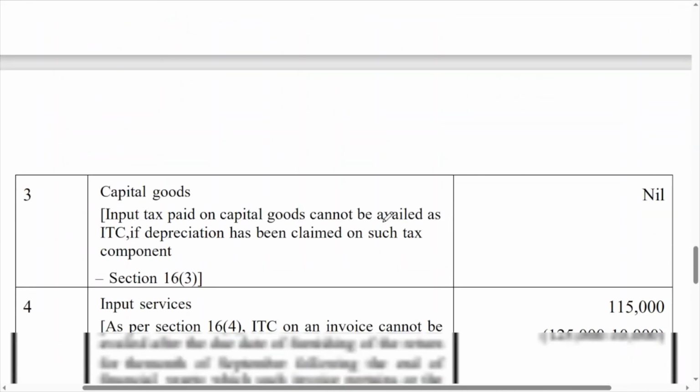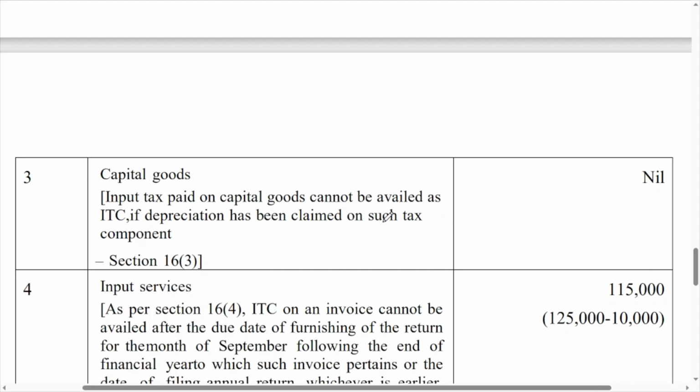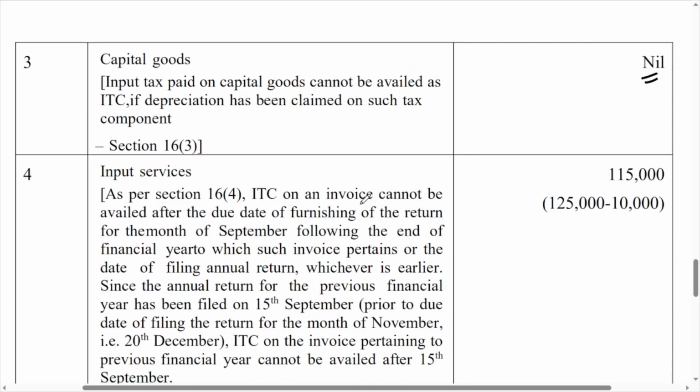Now next one, capital goods. I already explained, input tax paid on capital goods cannot be availed as ITC if depreciation has been claimed on such tax component. Now input service, as per section 16 subsection 4, ITC on an invoice cannot be availed after the due date of furnishing the return for the month of September following the end of the financial year to which such invoice pertains, or the date of filing the annual return, whichever is earlier.